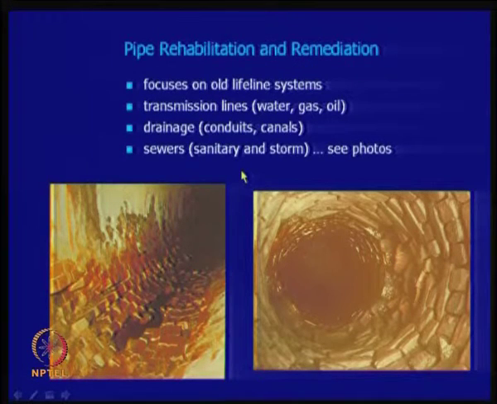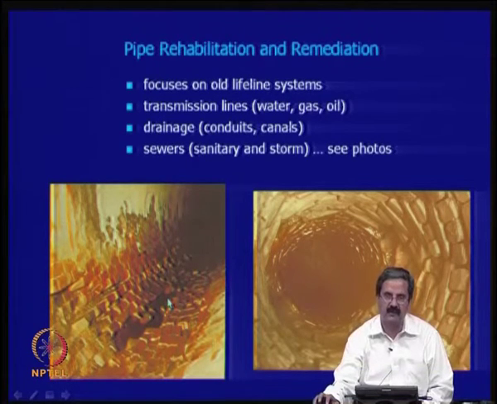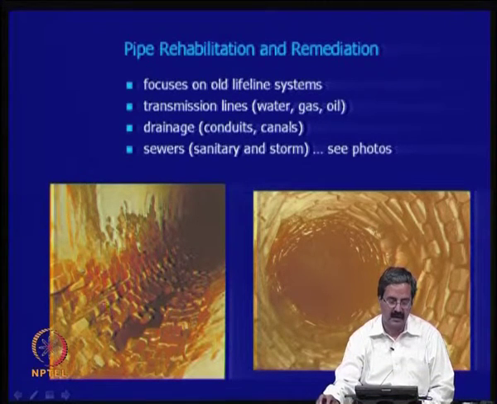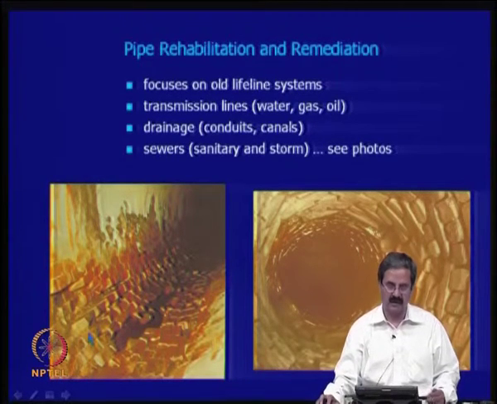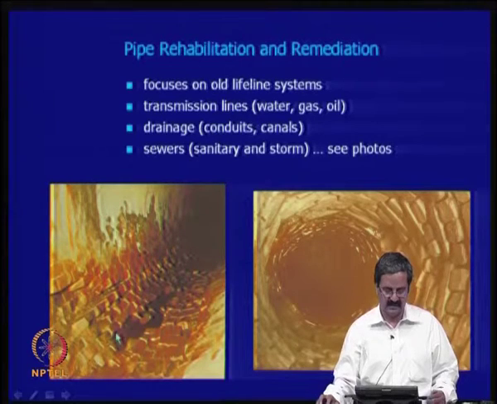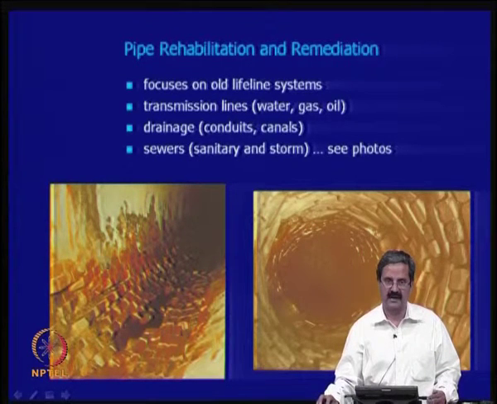This is another example, pipeline rehabilitation. In the olden days, people had cement pipes for carrying water, or they could be lined with bricks and all that, like this. If you expect them to carry water, it is not possible. What happens is that all the water gets lost in seepage and other things, and even this whole area gets damaged.